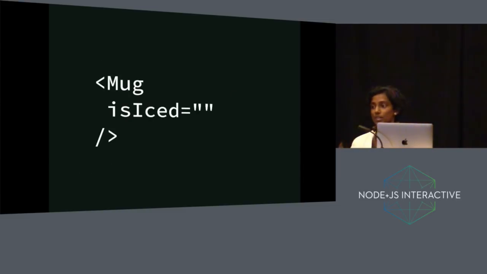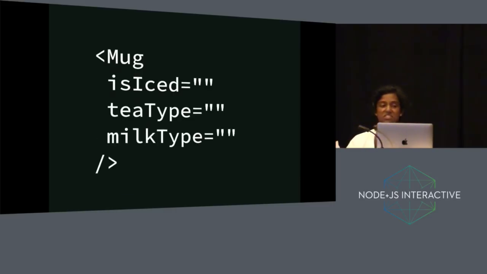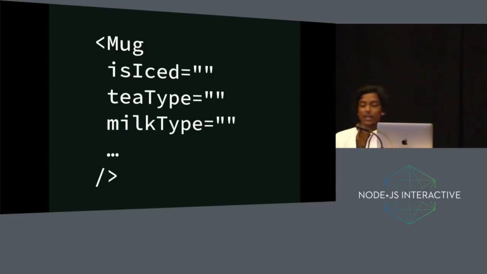And so with mug, in order to make those changes to the type of the tea or the type of the sweetener or whatever, what we can do is pass in props. We talked about that, where you can basically pass in props of state. So you can check and then conditionally render things based on what that is. So is iced, whether there is a type of tea, whether there's a milk type, you can do all of these things.